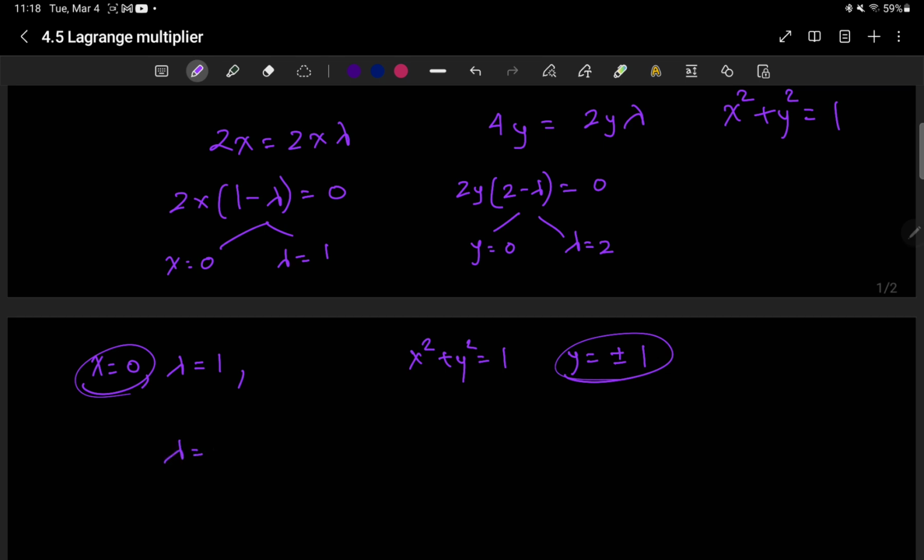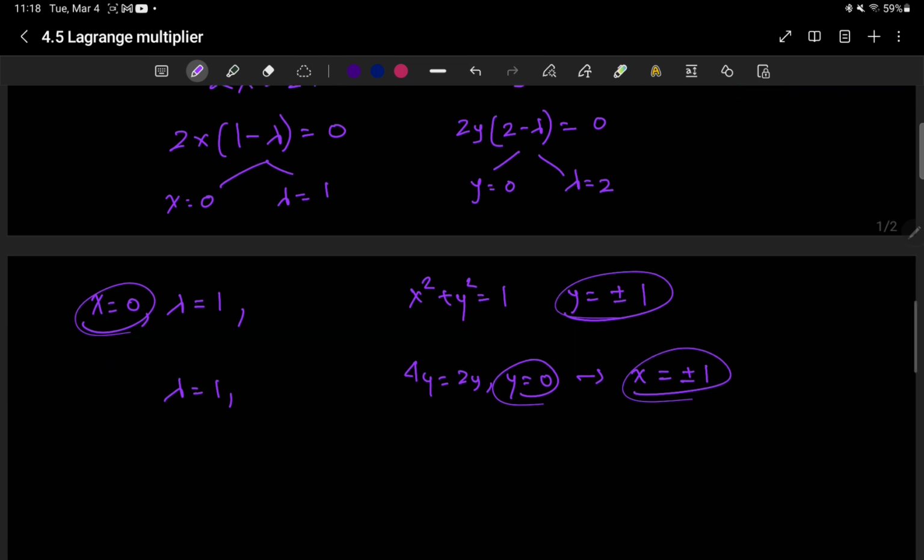And if y equals 0, by the same reasoning, x is plus or minus 1.